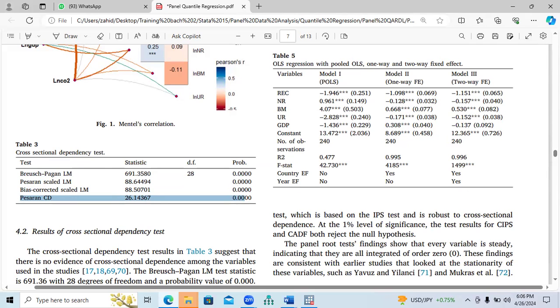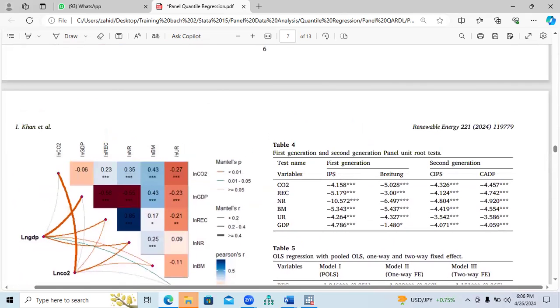Then they have applied the unit root tests, first and second generation, although when cross-sectional dependency is significant, you just need to provide the second generation unit root test. But you can compare your second generation unit root test with your first generation unit root test too.